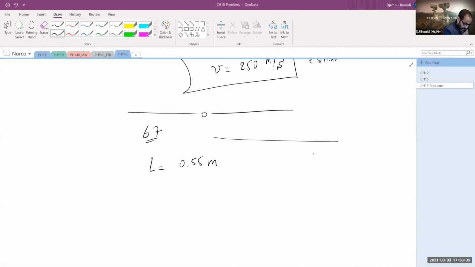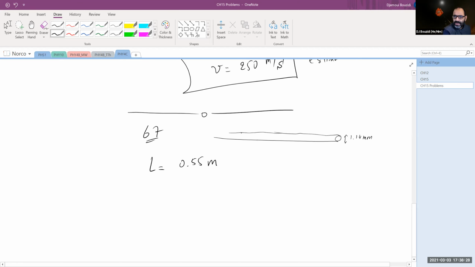And 1.14 millimeter in diameter. That means the diameter of this thing here is 1.14 millimeter, okay? Obviously, this is 55 centimeters, 550 millimeter.